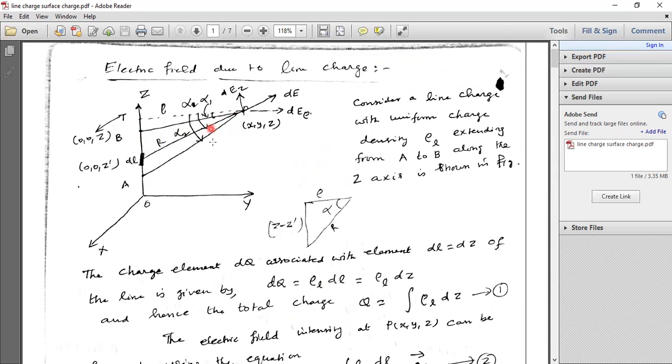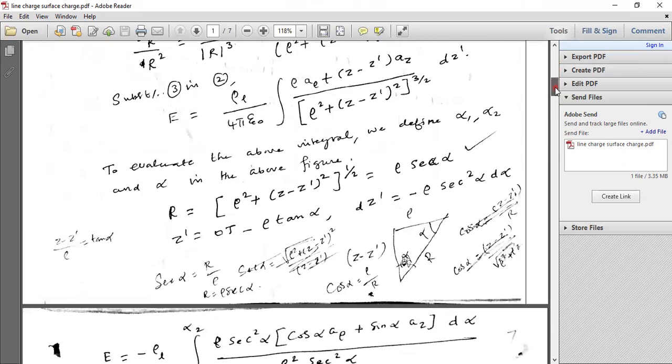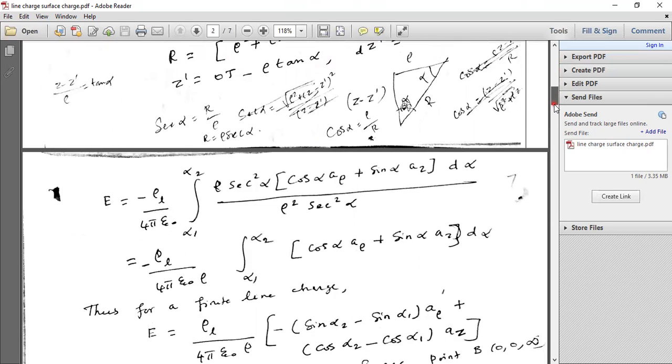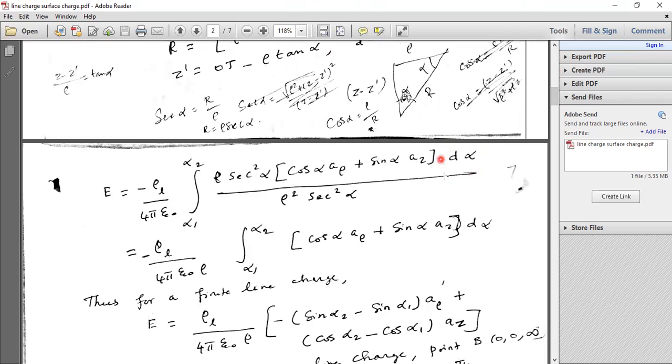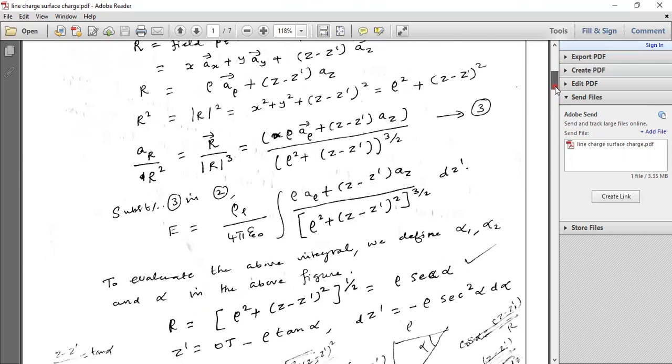We change the integration from z dash to alpha, doing some trigonometry, and after that the integration is in terms of alpha, which varies from alpha 1 to alpha 2 along the length of the conductor.